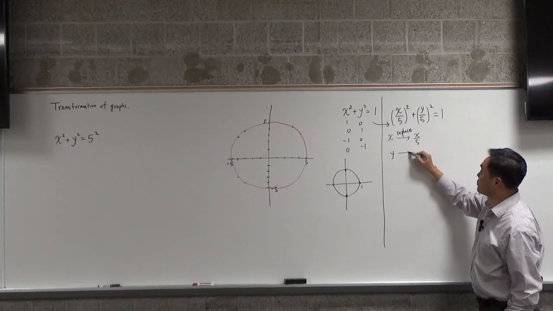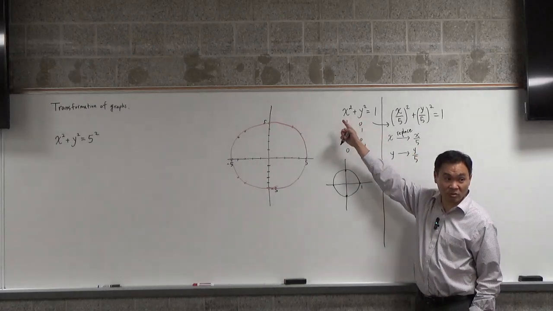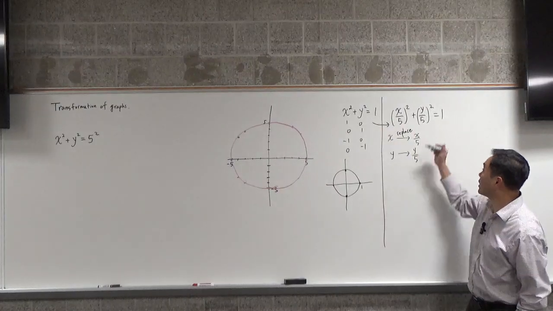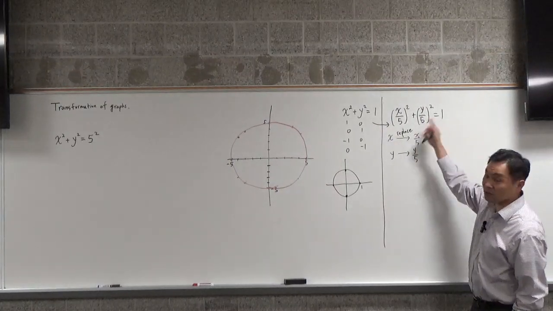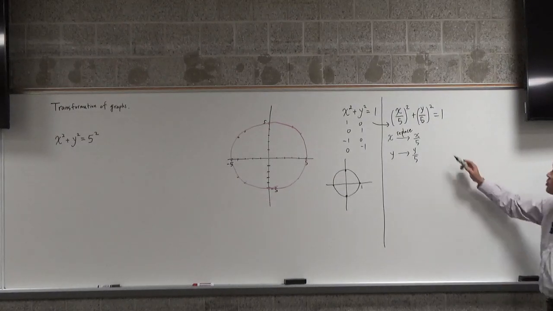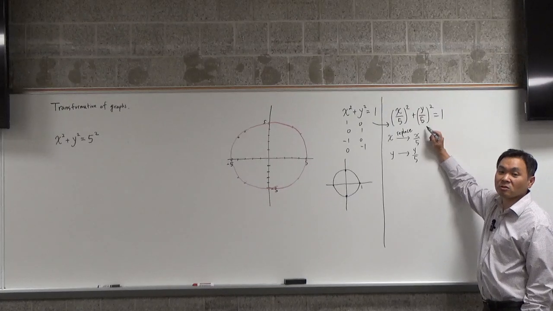And y is being replaced by y over 5, right? If you took this equation, you replaced x by x over 5 and y by y over 5, you'll be getting this equation. Now the question is, for this equation, would the circle become smaller or bigger?